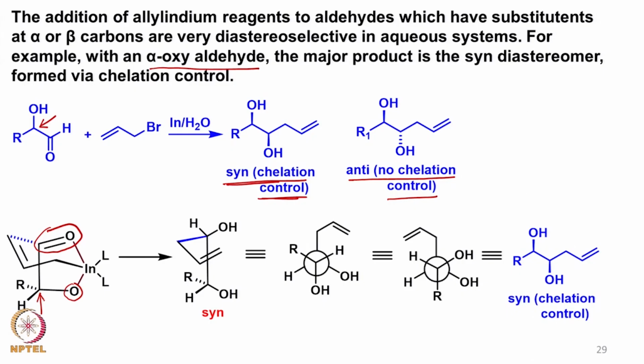Now if we orient the allyl indium in such a fashion that the carbonyl group is oriented here, then you have this 1, 2, 3, 4, 5, 6, this is a 6-member transition state, in which now the alcohol is also having a chelation with the indium. So therefore, this geometry is restricted here, and this is the transition state in which both the oxygens are attaching to the indium, and therefore the transition state is restricted.